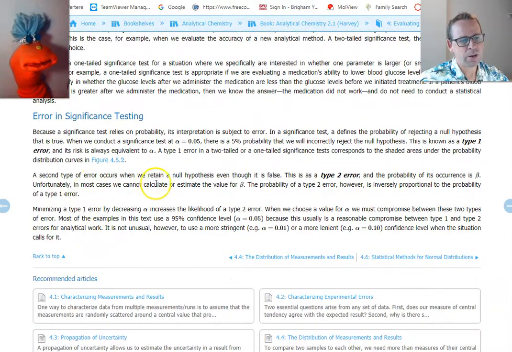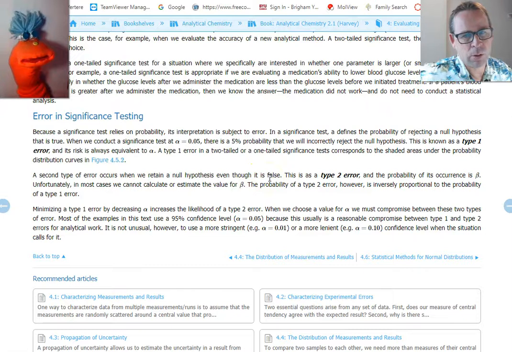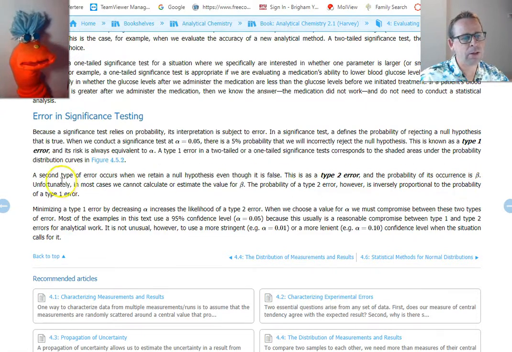The second type of error is when we retain the null hypothesis even though it's false. And this is a type 2 error, or a beta probability. Unfortunately, in most cases, we cannot calculate or estimate a value for beta, but the probability of type 2 error is inversely proportional to the probability of type 1 error.